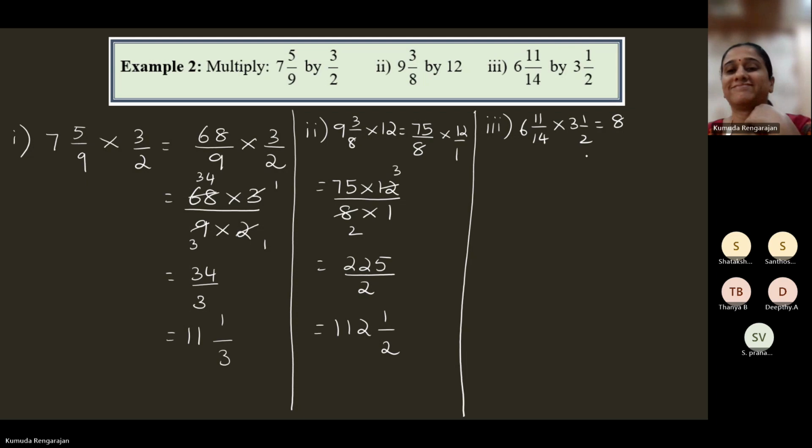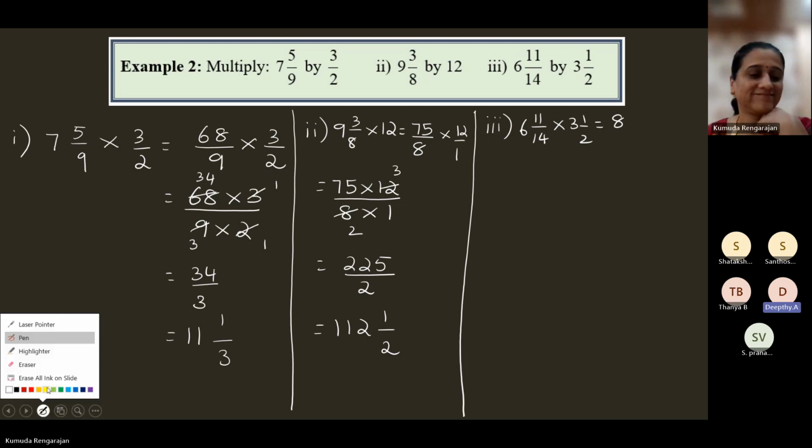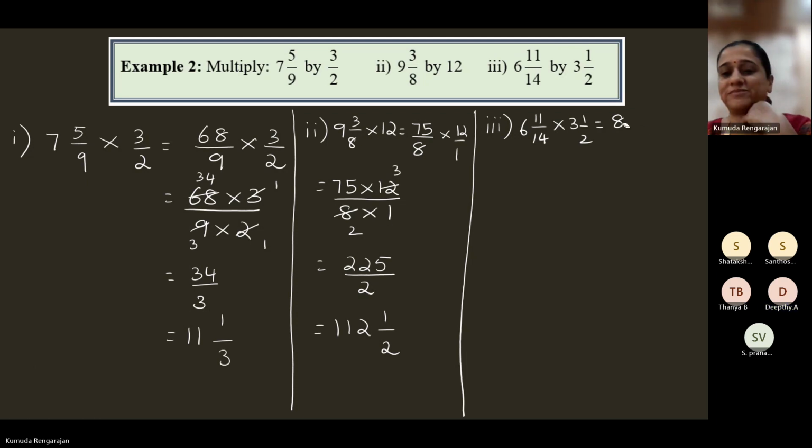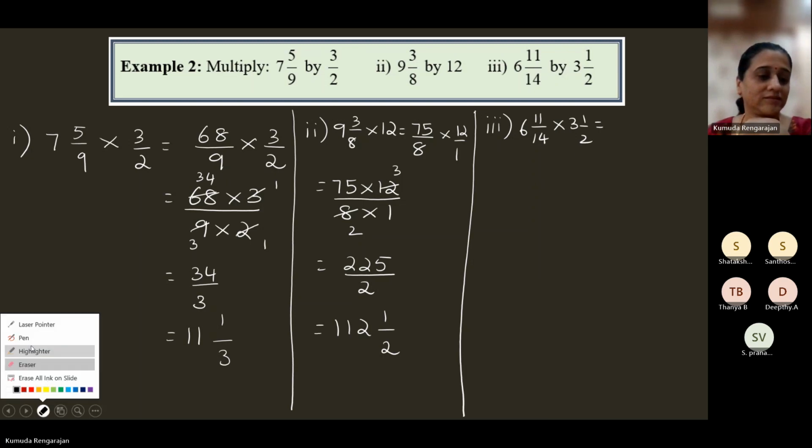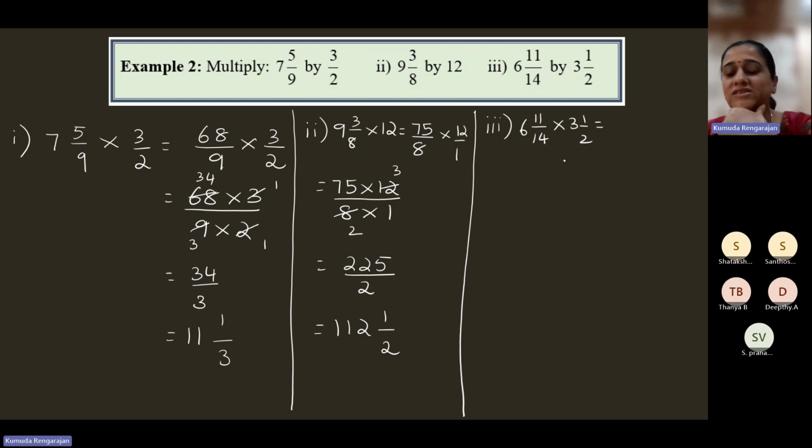Oh yeah, I didn't add. 95 by 14. 14 sixes are 84 plus 11, 95. And 3.5 is 7 by 2.